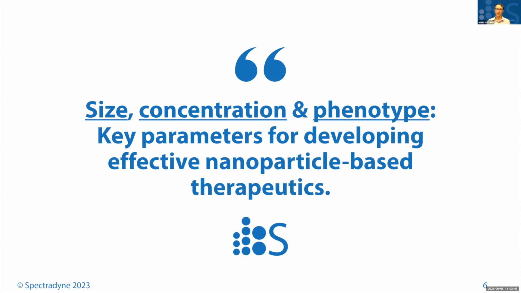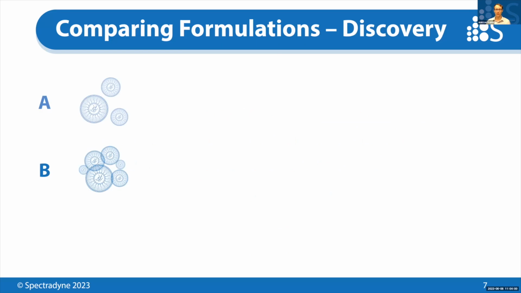These are key parameters for developing effective nanoparticle-based therapeutics, as well as, as I'll show in this next example, any sort of new biological discoveries. Let me illustrate this with a canonical example, independent of the application you're using nanoparticles for.